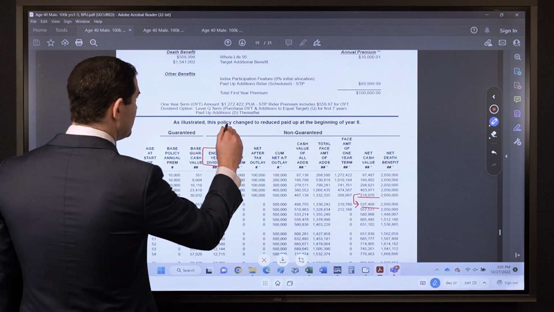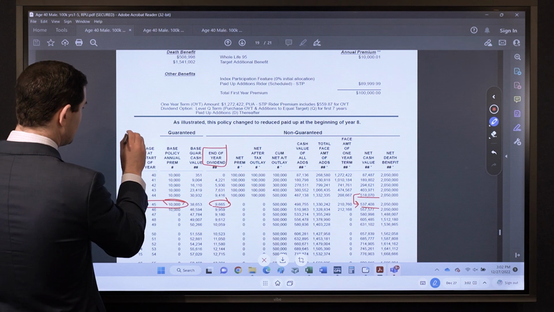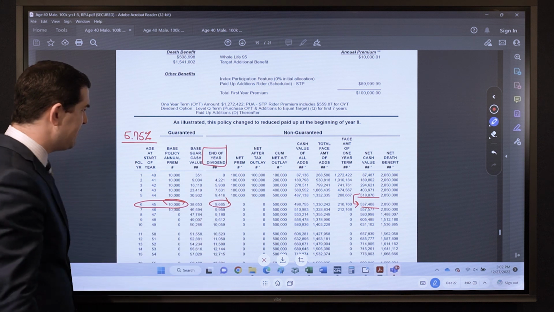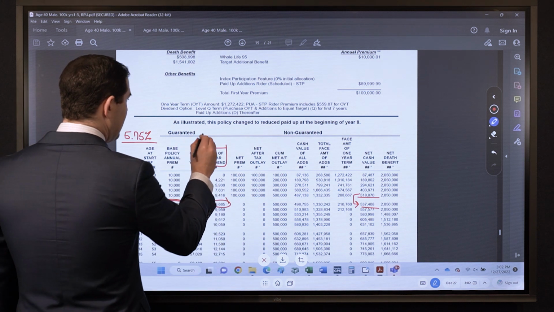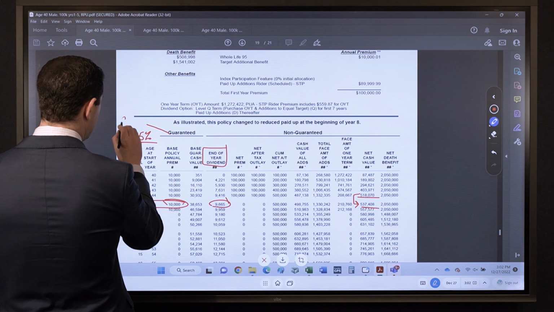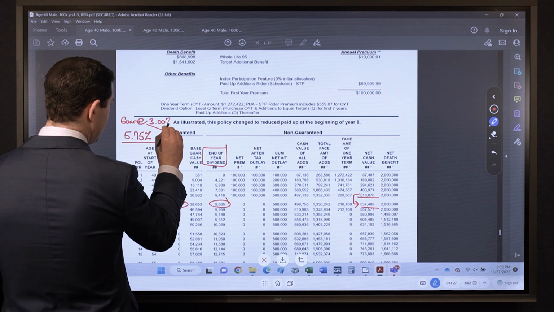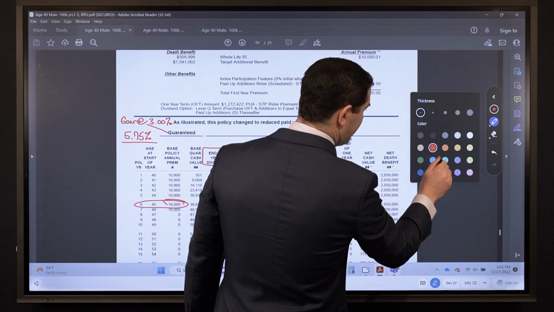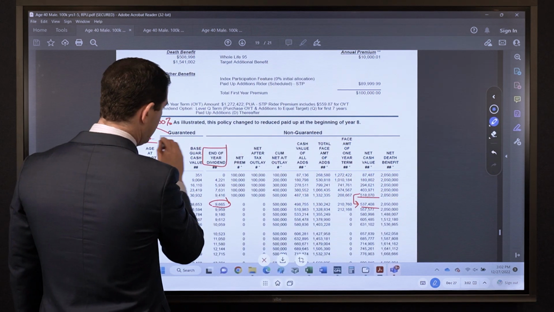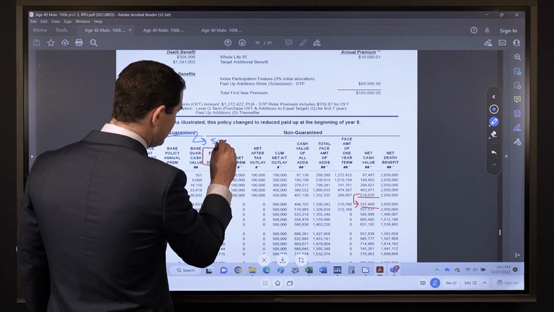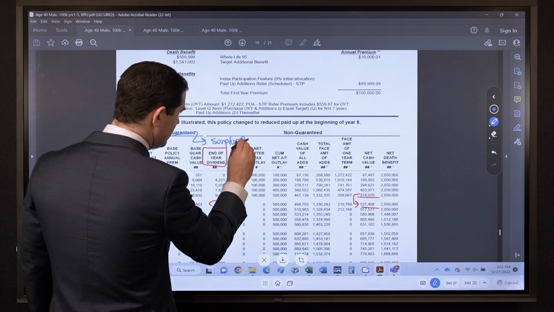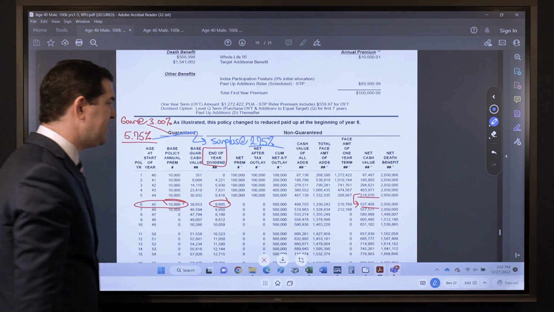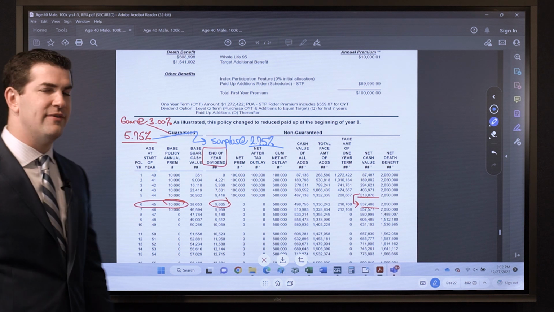This might help. So Guardian's 2023 dividend interest rate, which is what this illustration is based on, is 5.75%. The guaranteed rate with this product is at 3%, which means the difference between 3 and 5.75% is the surplus, which in this case is 2.75%, meaning the guaranteed piece is not included in that end of year dividend column.